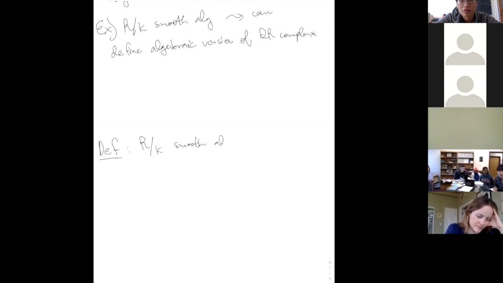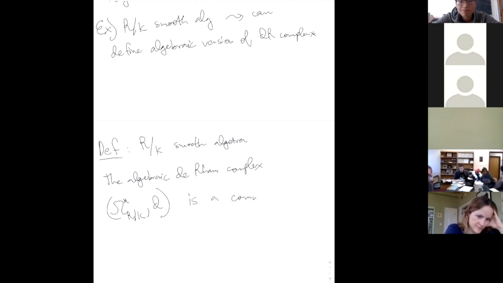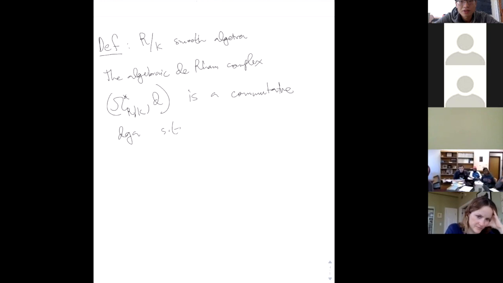The algebraic de Rham complex omega star over K with its differential D is a commutative differential graded algebra such that there exists a map from R into omega 0 of R over K, which of course is just R. So this is the identity map. That's the first piece of structure, and the second piece of structure is that it's strictly commutative.